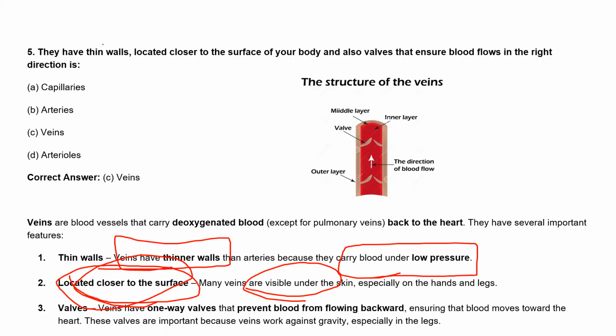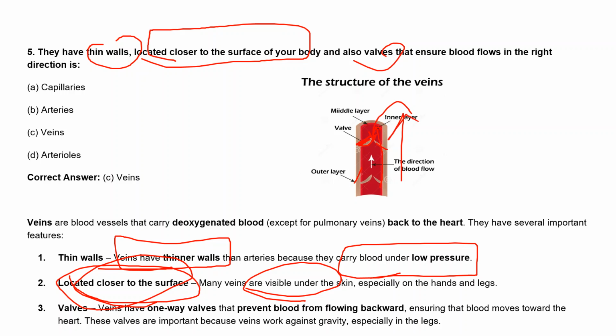So thin walls, plus located closer to the surface of your body, and also they have valves. Here we can see that this valve is present so that it can maintain the direction of blood flow and prevent the backflow of the blood, so that the blood will flow in one direction only.